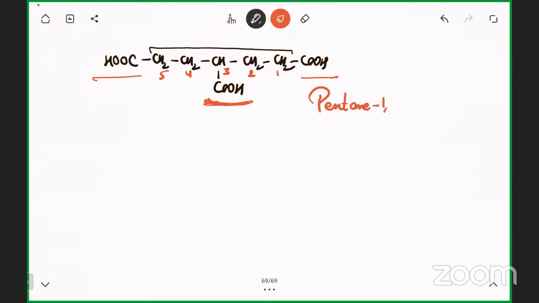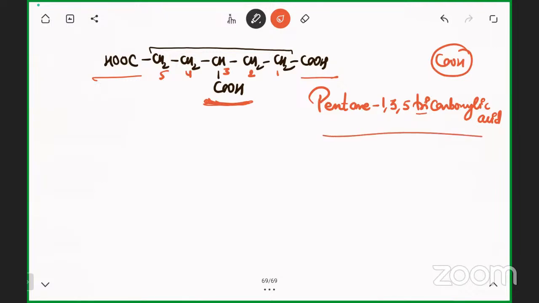Then 1, 3, 5. At 3 position we have COOH group. And you'll use tri, just because 3. Then carboxylic acid. Here carboxylic represents COOH. So 3 means tri. So pentane-tricarboxylic acid, that's it.